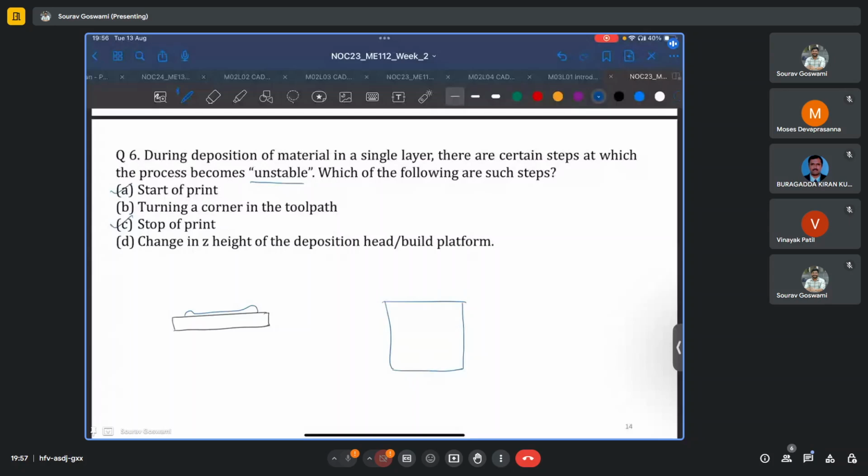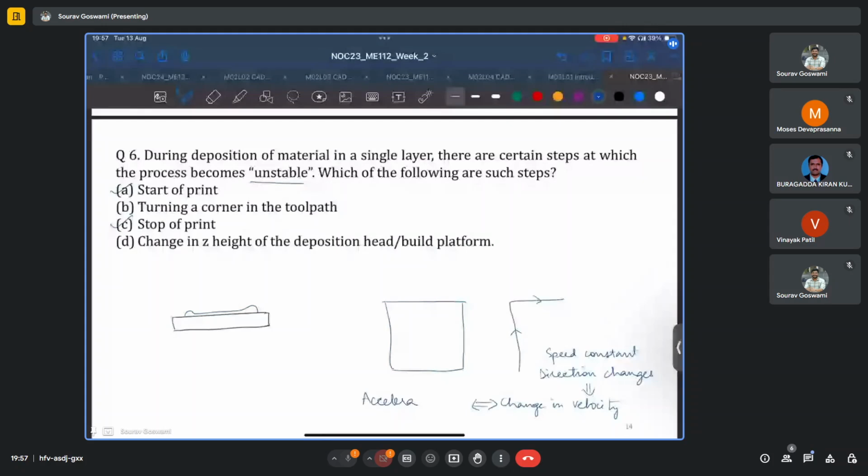Thus, there must be forces involved which actually lead to this acceleration. And typically, what you will find is that when the deposition head is heading into a corner, it slows down, just like a race car, or just like even during our normal driving when we are taking a turn. When we approach the turn, we slow down, and when we have completed a turn, we exit fast. Once the turn is completed, the head will move away quickly.